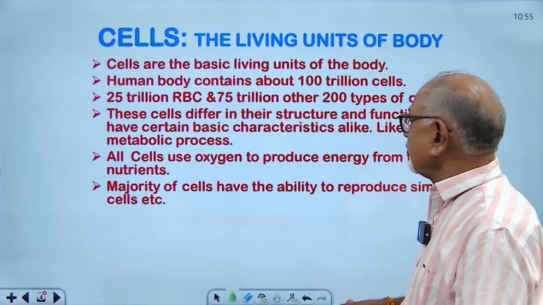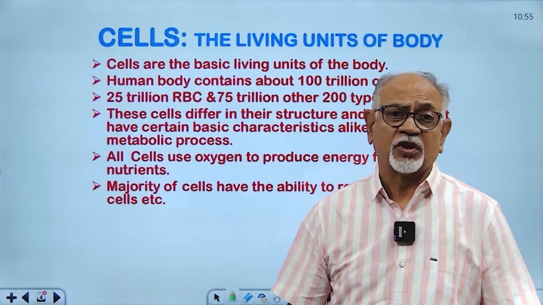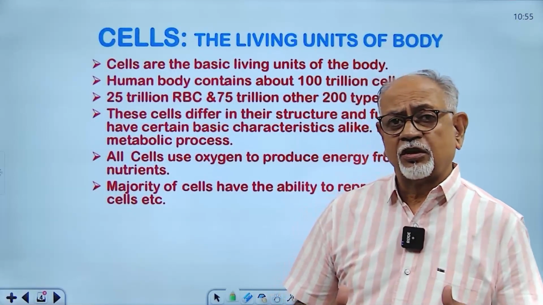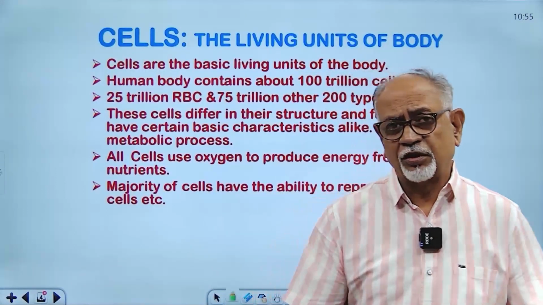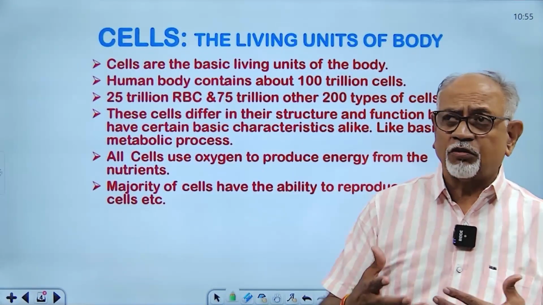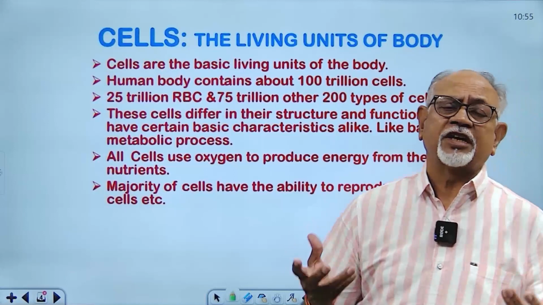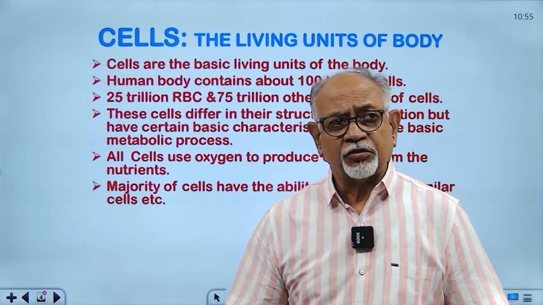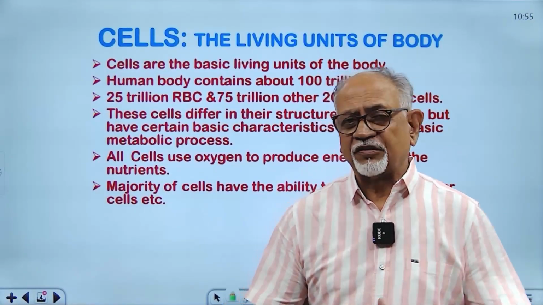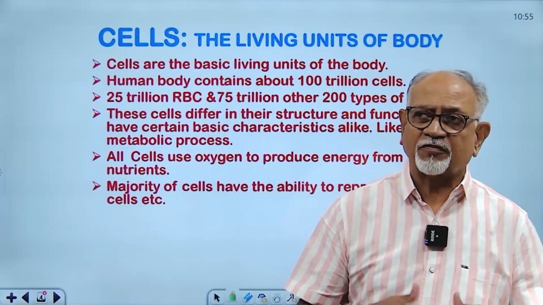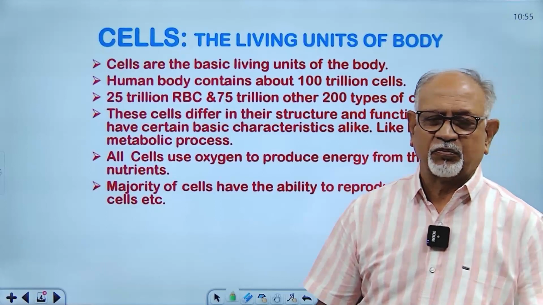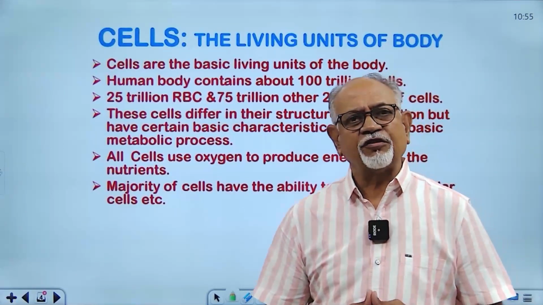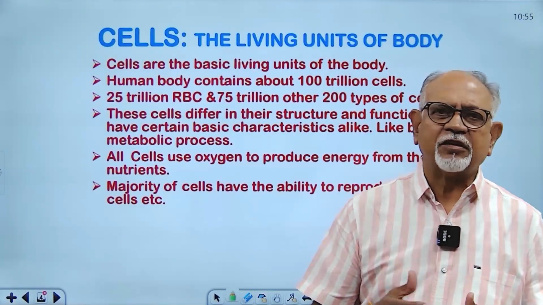The majority of the cells have the capacity to reproduce. But some of the cells, when they become mature, lose their capacity to reproduce, such as the nerve cells, which do not divide any further after maturation. Muscle cells also rarely divide.